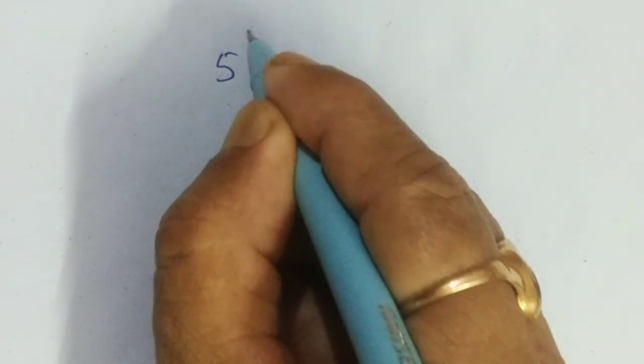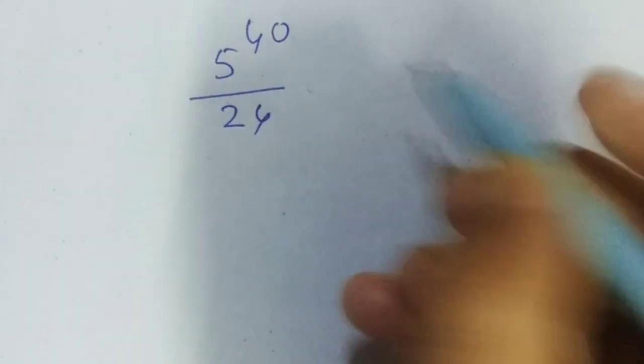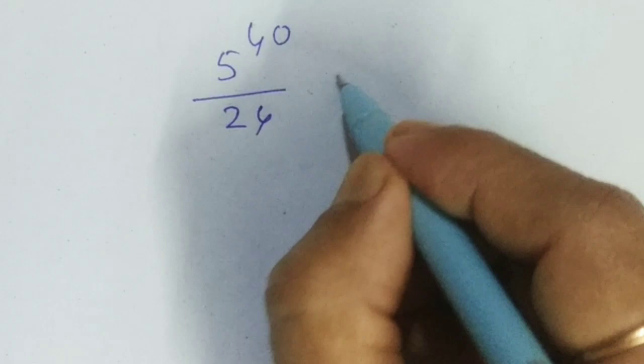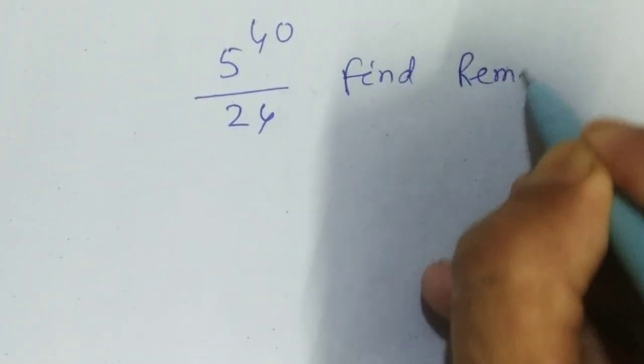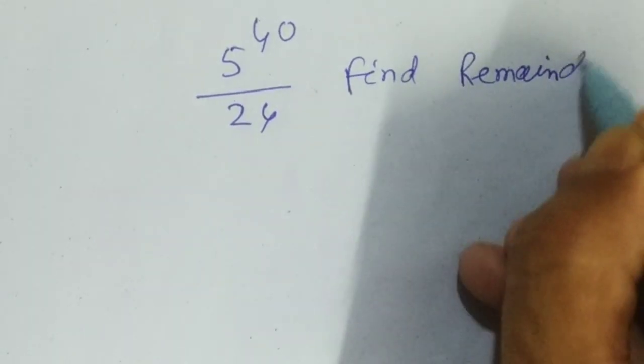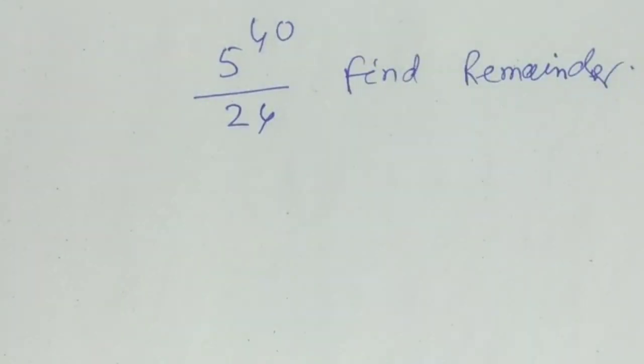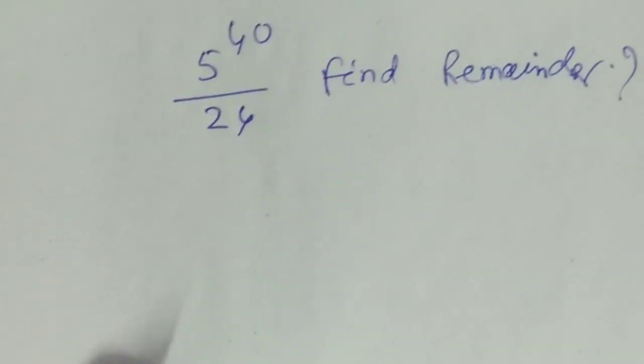If the question is like this, 5 to the power 40 divided by 24, find the remainder. What is the remainder?